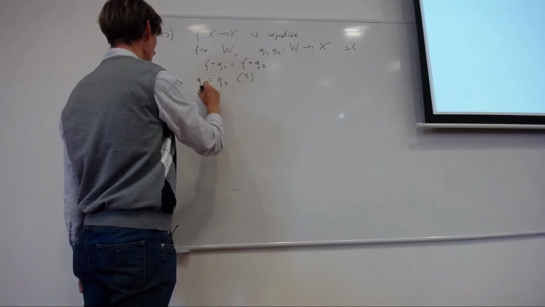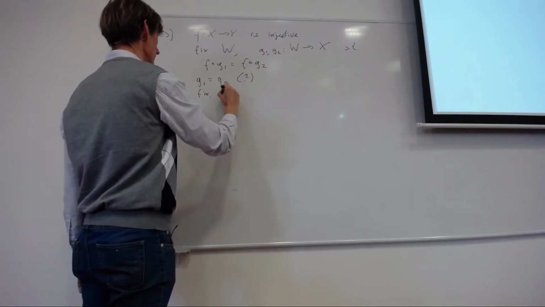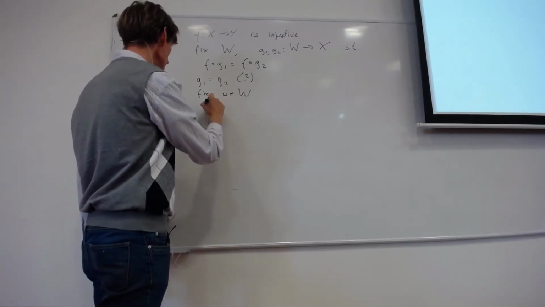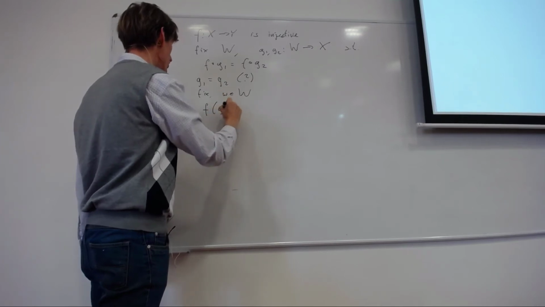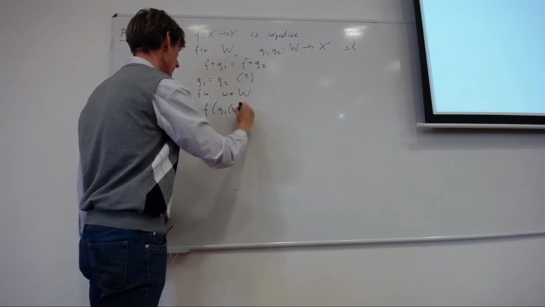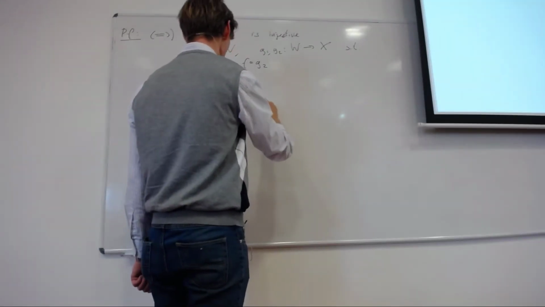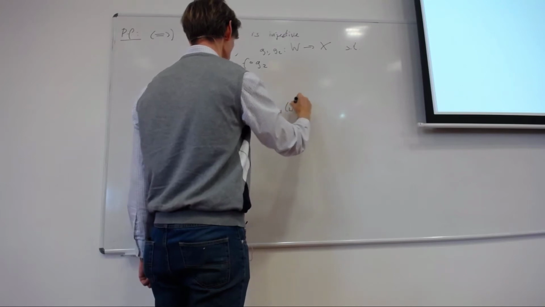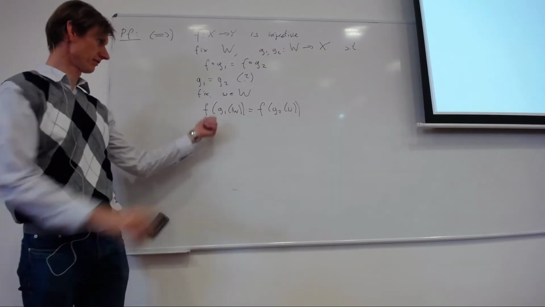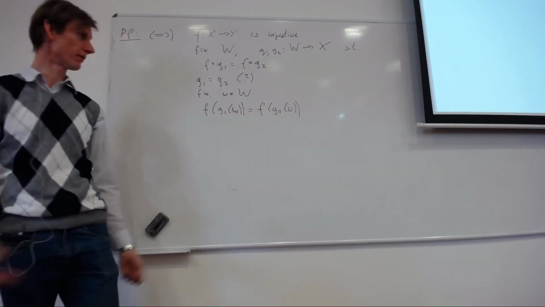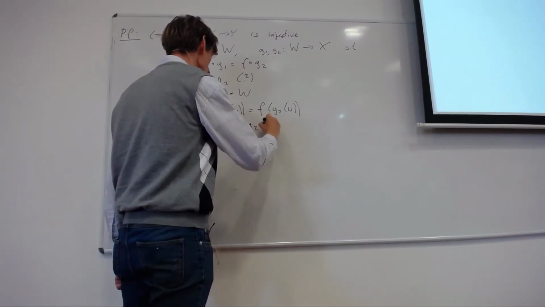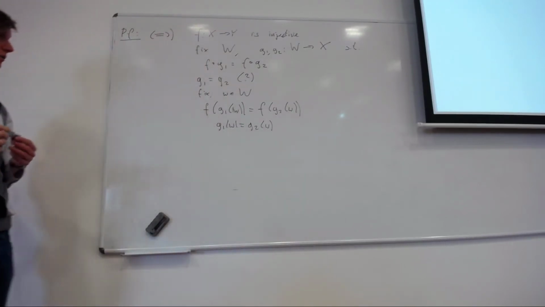If we fix some element w in capital W, what happens is that f of g1 of w is equal to f of g2 of w, but f is injective, so if it agrees on those two points, that means that they have to be equal. So g1 of w is equal to g2 of w, which is exactly what we wanted to show.